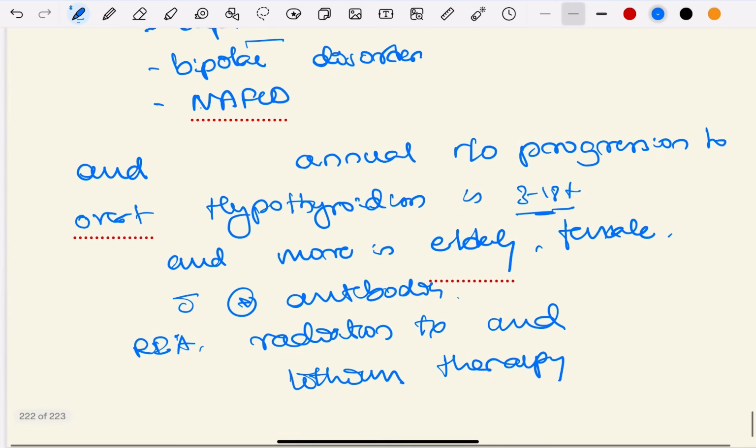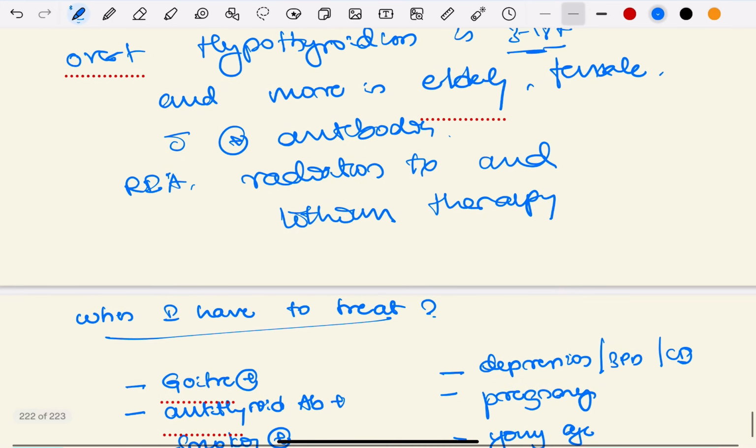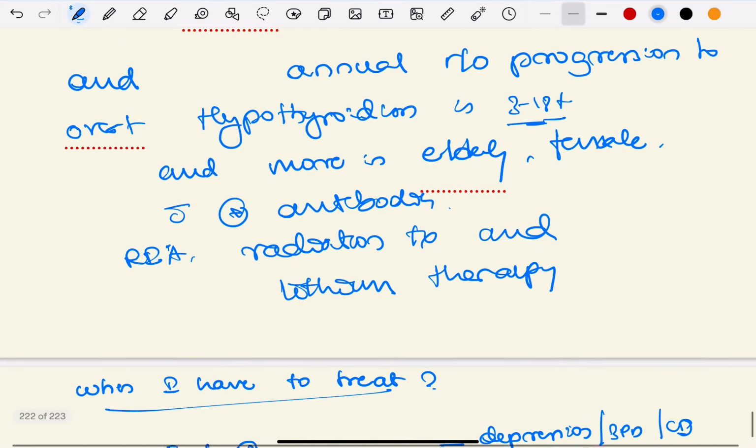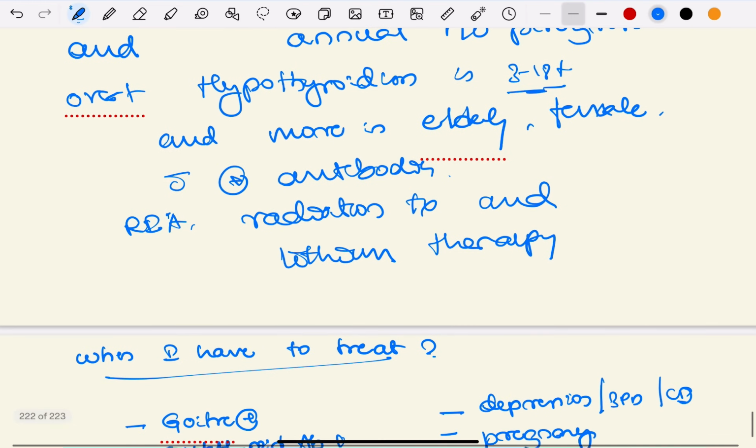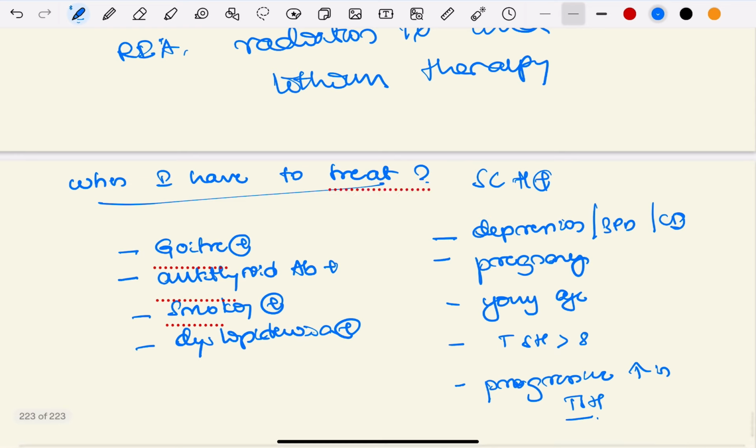That's why you have to find out and treat these cases. So when do I have to treat, that's the question. Whenever a subclinical hypothyroidism patient has any one of the following, you can treat the patient with levothyroxine, LT4.